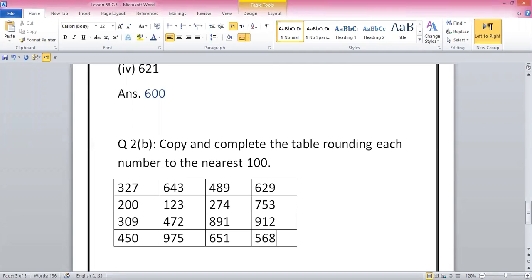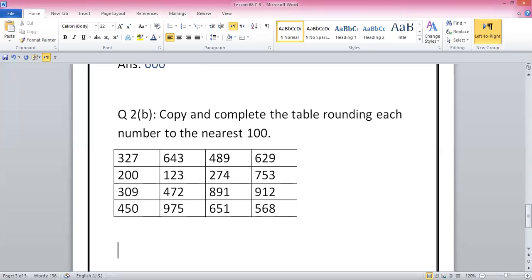All right, students, check my question, please. Check the question from the book. All the values are correct or not? Correct.